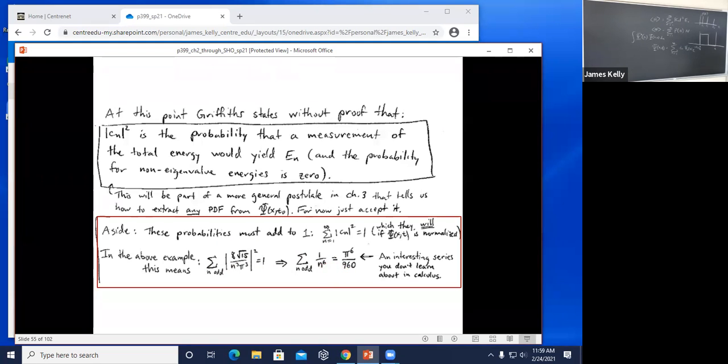And you can do lots of different examples like this, and you can infer some weird series like that. You probably didn't encounter that series back in calculus 2 or 3, whenever you do series here. It's sort of a non-intuitive series, not at all obvious that that would be what this sums to.